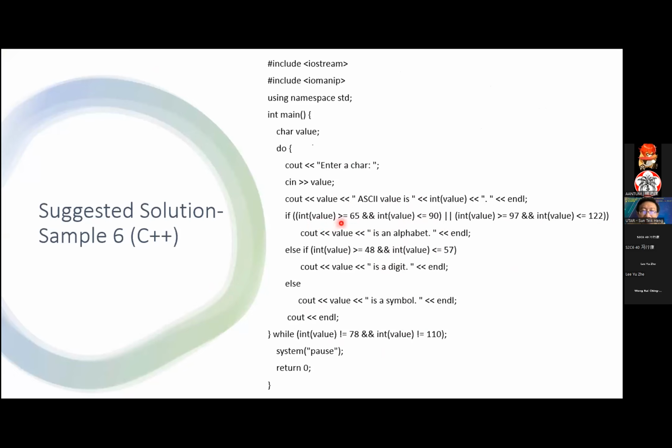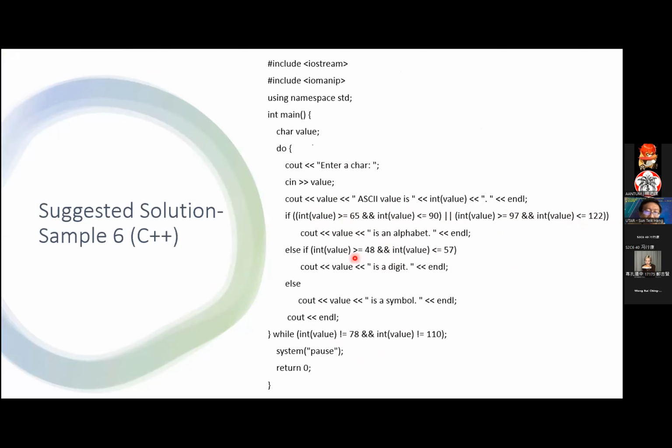so that you'll know how to set the condition here. As you can see, the condition: if the value is greater than or equal to 65 and less than or equal to 90, or the value is greater than or equal to 97 and less than or equal to 122, these are the ASCII codes for an alphabet.